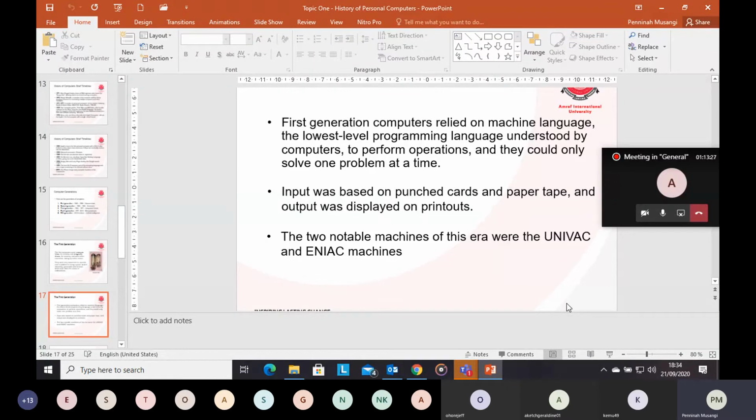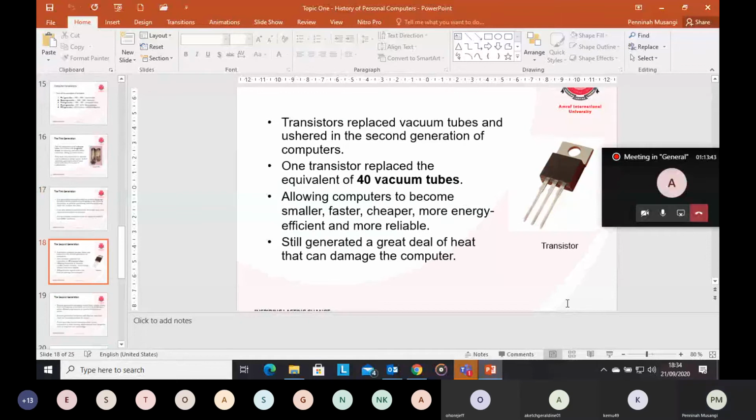But at that time, the output came out in the form of a printout. So there was no use of screens. And two notable machines of the first generation were the UNIVAC and the ENIAC machines.